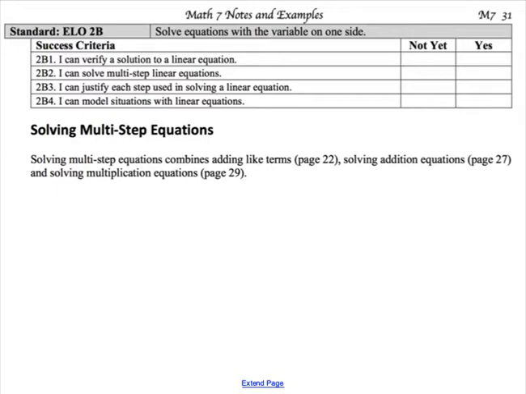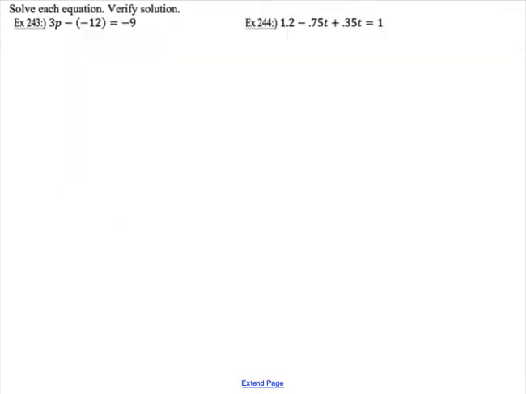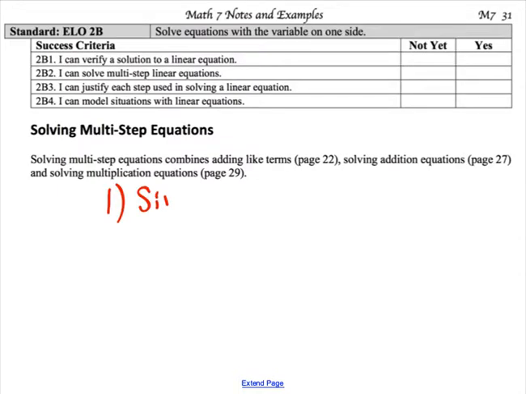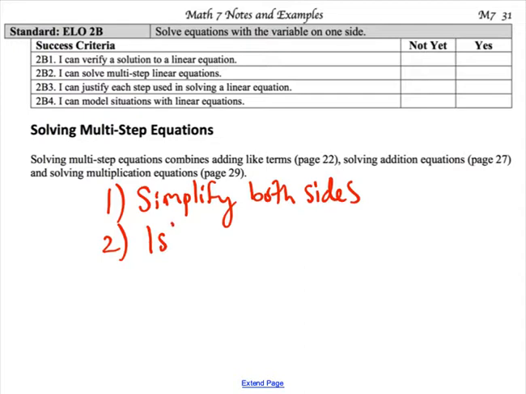Solving multi-step equations combines adding like terms, solving addition equations, and solving multiplication equations. In fact, the way to think about these steps: step 1, you simplify both sides. Step 2, you isolate the variable term.